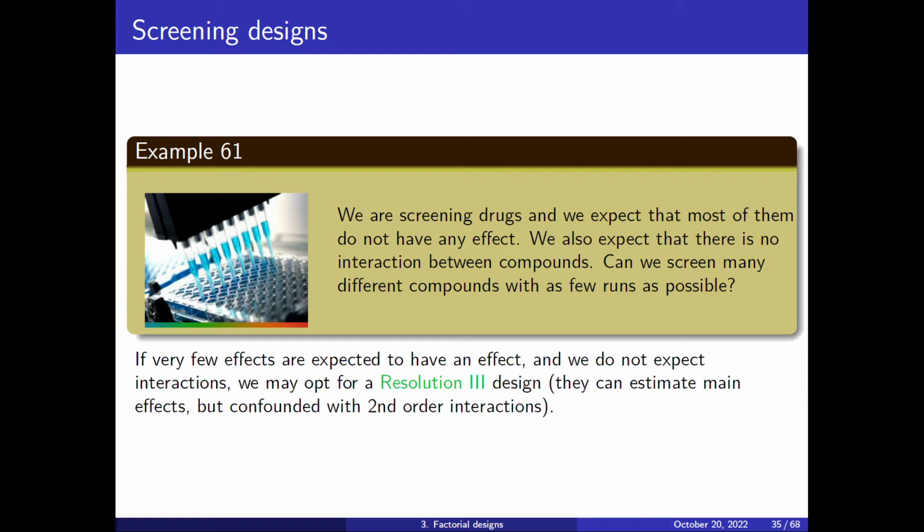We don't expect these second order interactions, and we are only interested in making a first exploratory analysis in which we analyze many possible different factors, and then in a second run, once we have identified the important factors, we will do a full factorial design or a fractional design with much higher resolution.